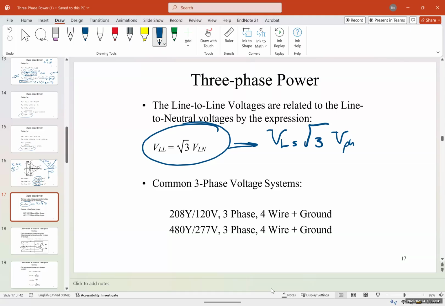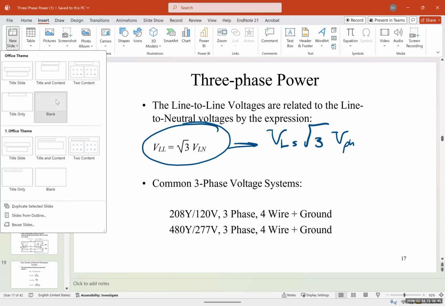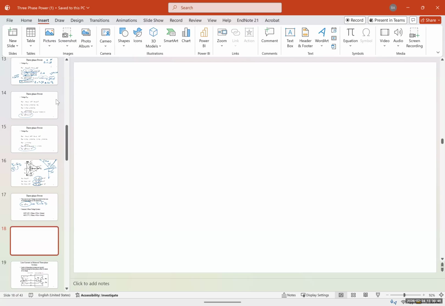Now, let me give you an example. In a three-phase Y connected system, V line is equal to 380 volts.